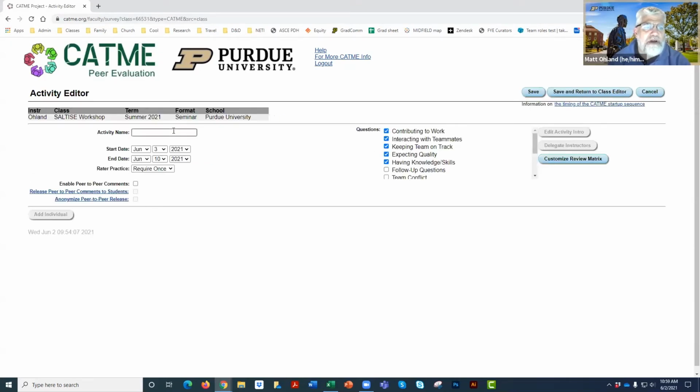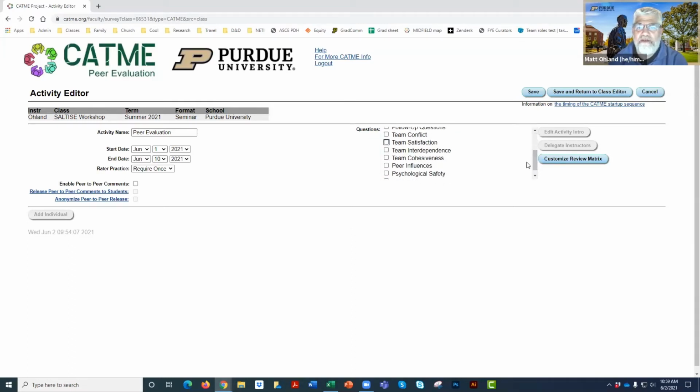I'll call it just peer evaluation. I need to open in the past. I'll ask those 5 questions because we're not going to use any of those supplementary ones. But as showed up in the chat, we have a number of other validated instruments that can be used.